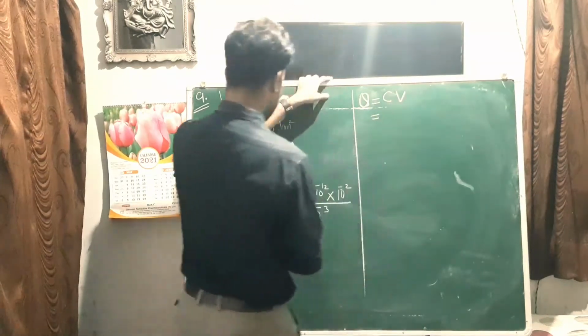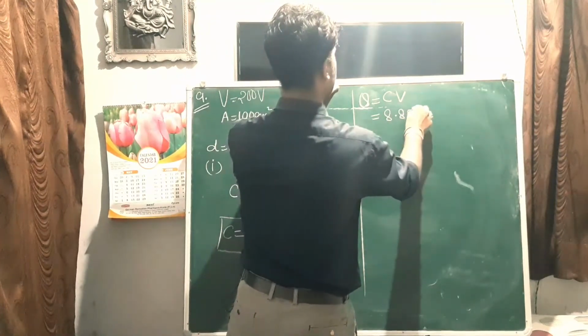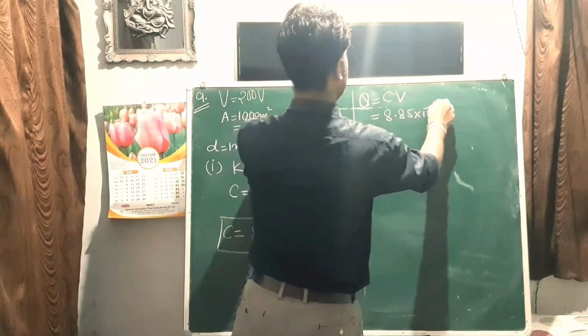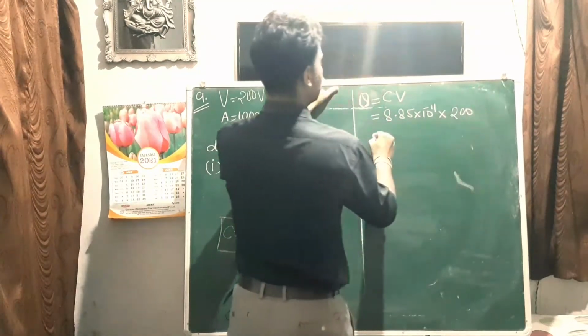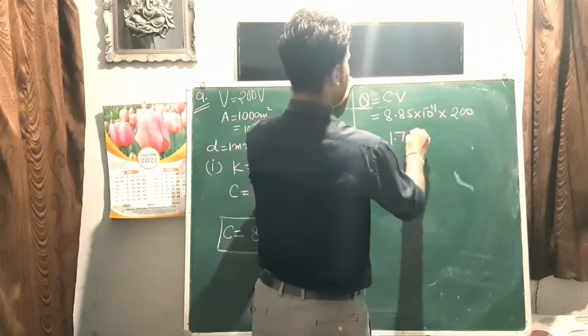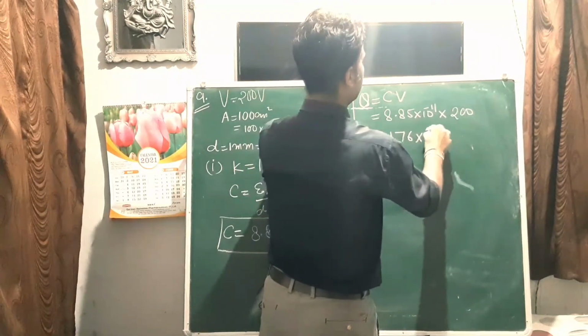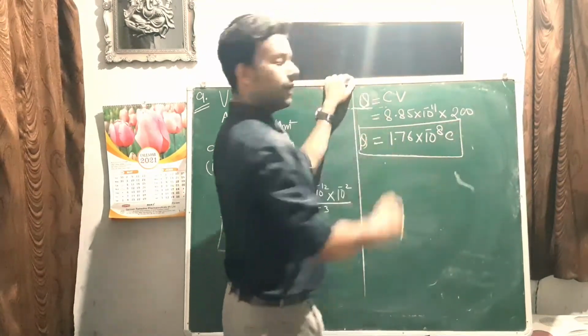So C is 8.85 into 10 to the power minus 11, into voltage 200. After solving it, 1.76 into 10 to the power minus 8 coulomb. So this is the first part.